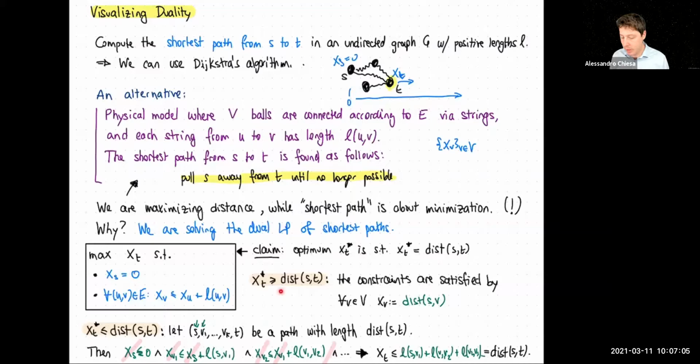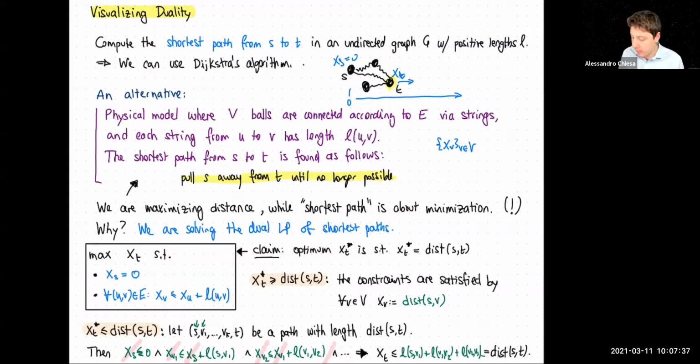All right, so there's a question about this argument over here. How do I show that the maximum of a linear program is at least something? Well, it suffices to exhibit a feasible solution that has that value. Here it is. This is a candidate feasible solution whose value, when I fix V to be T, is the distance from S to T. And I have to check, is it feasible?